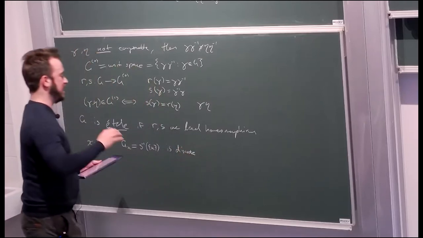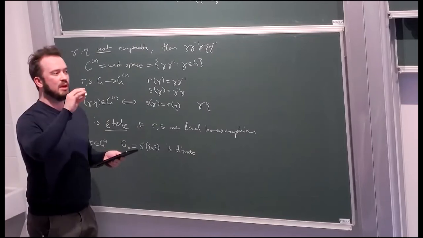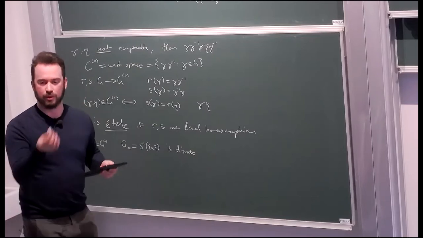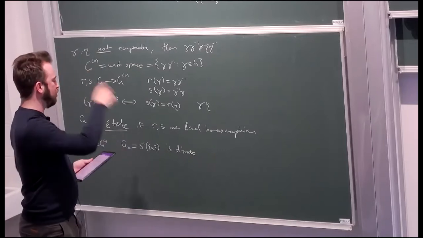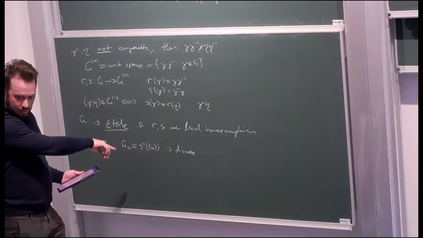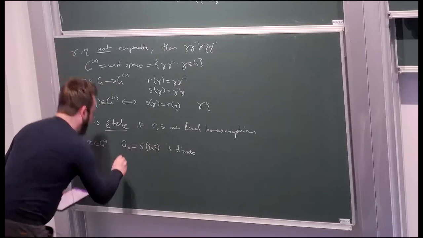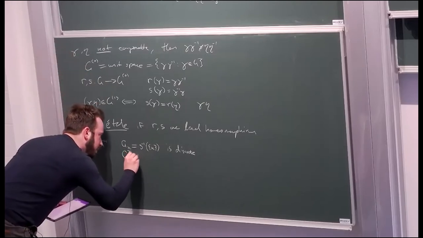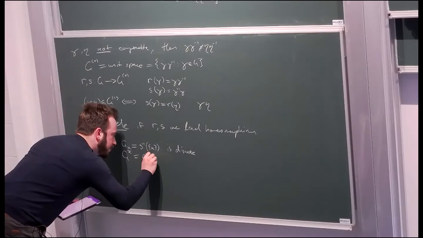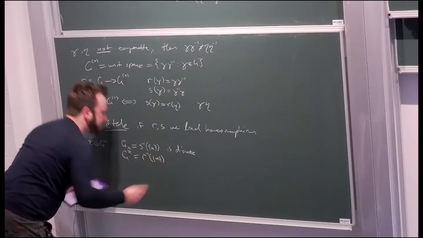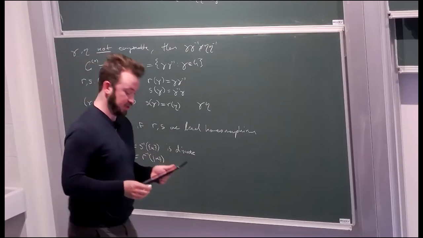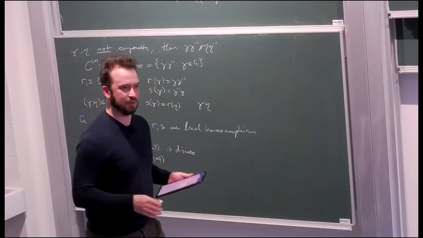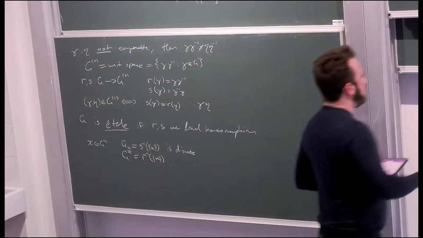Precisely because you've taken the pre-image of a point under a local homeomorphism. It's locally a homeomorphism, so none of these points can be close to each other in this fiber. Same with the range, which we call G superscript X. Both of these are discrete, which in particular means you can sum over them and you don't have to worry about integrals.